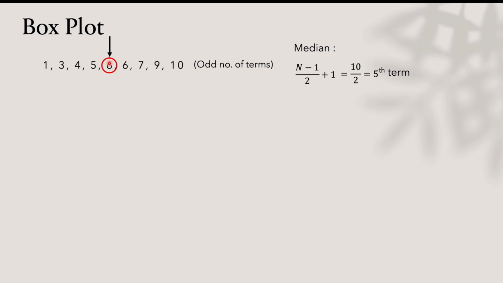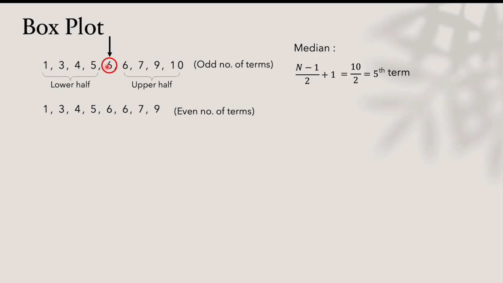But if we have an even number of terms instead of an odd number of terms, then we have to use a slightly different way to find the median of that data set. The median is actually the middle part of the data around which an equal number of data points exist.